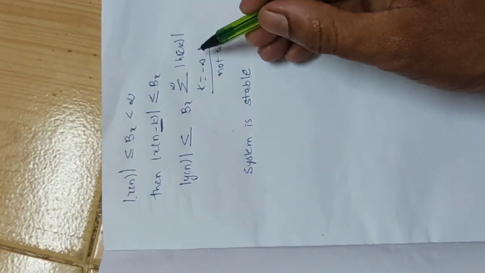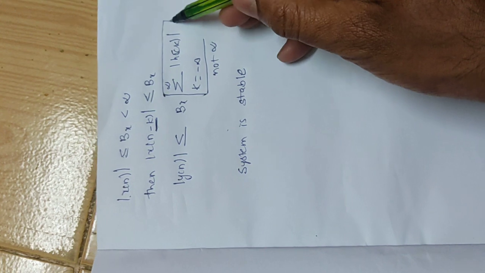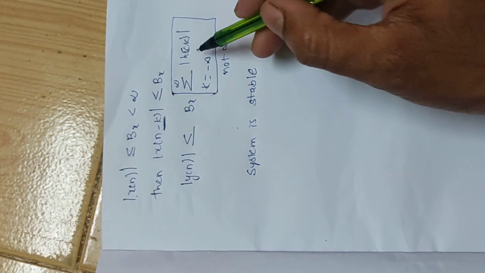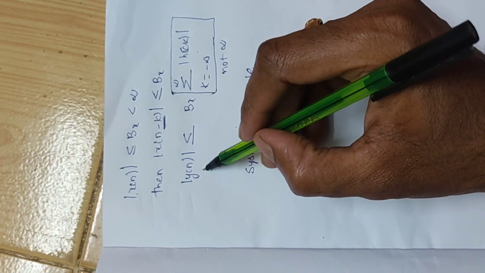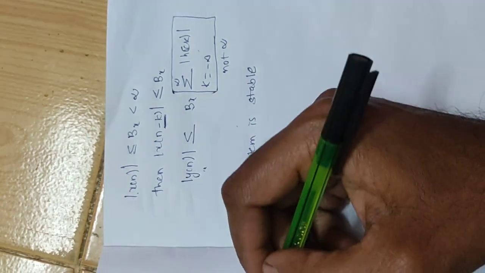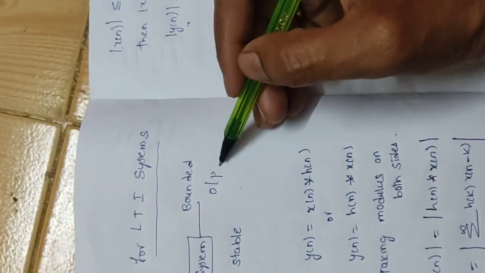That means when can we say that this should not go to infinity? If this goes to infinity, the system becomes unbounded.